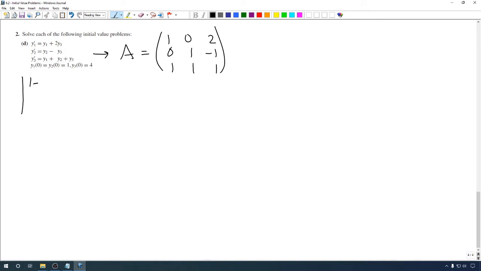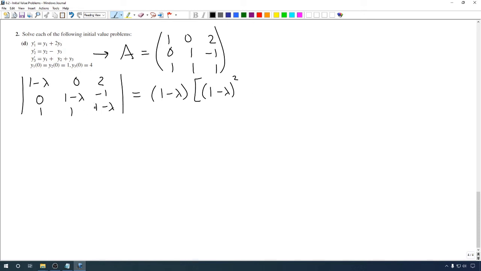Go ahead and subtract lambda from each of our diagonal elements. Everything else is the same. Sorry, that should be a 0. We go ahead and expand this thing out. We have this 1 minus lambda times this. So we have 1 minus lambda times itself, so we actually have it squared.